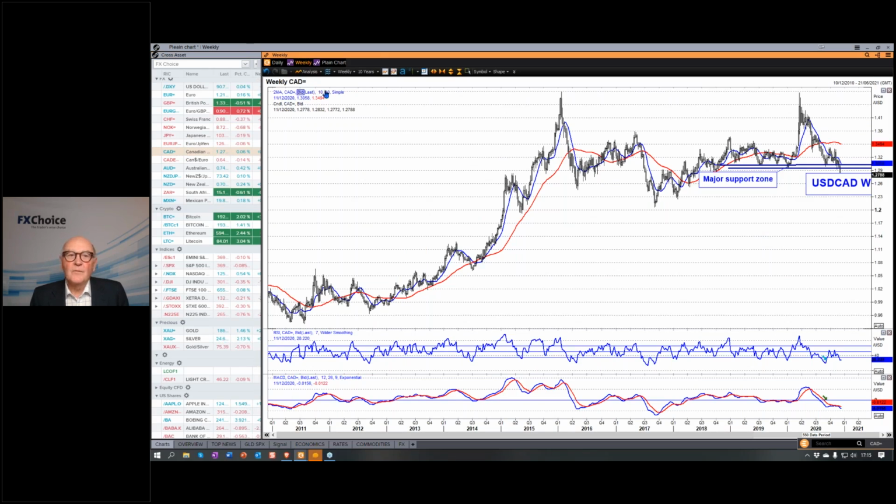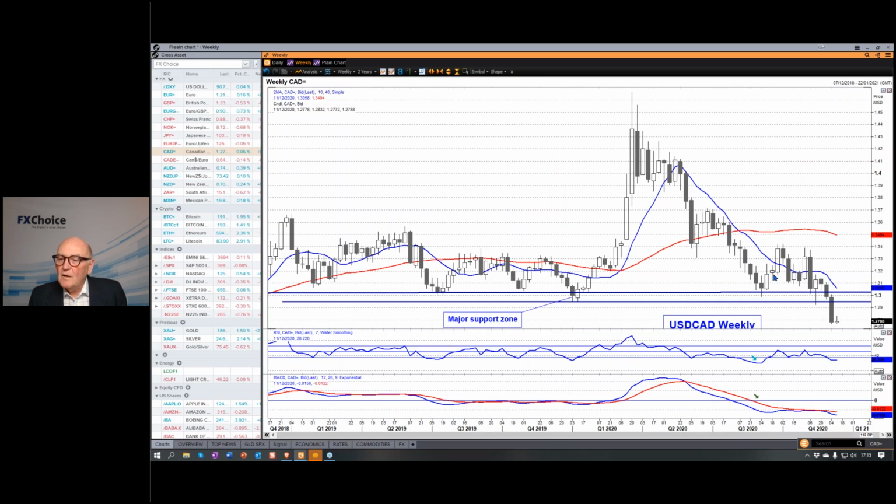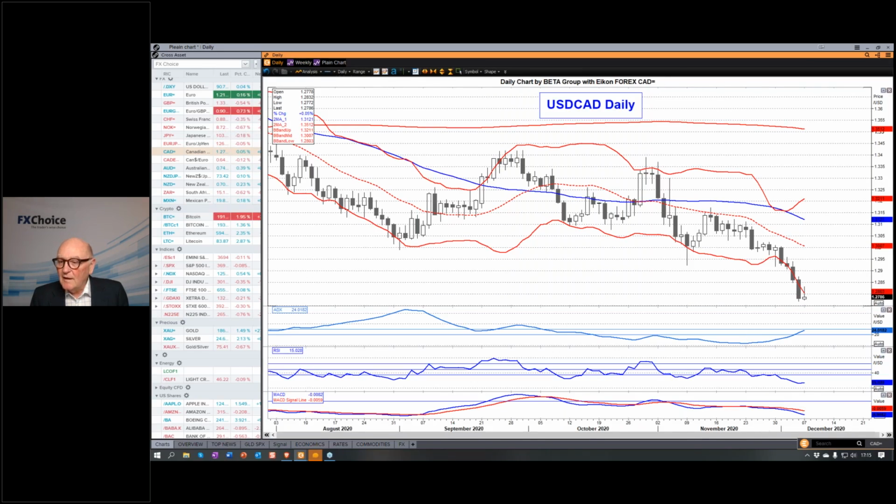Canadian dollar. Now this is. Let me go back, get this a little bit shorter period here. Let's make some sense. So we've broken the major support level that we've been talking about for ages here, this zone centered on 130, and we've broken here, and this now can go further, I think that it will.